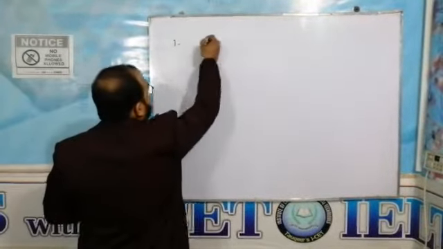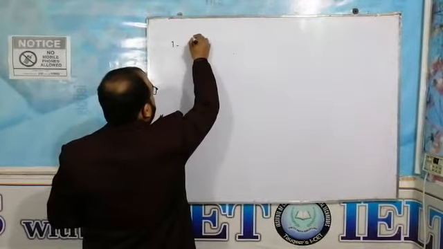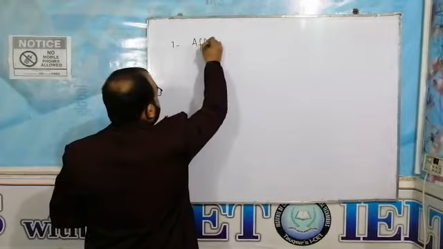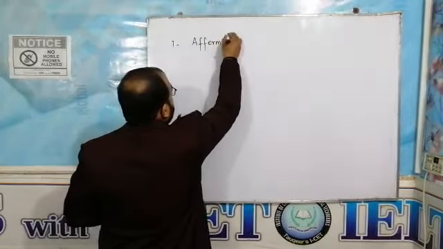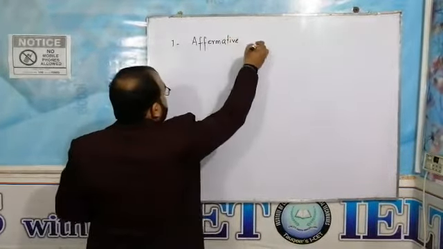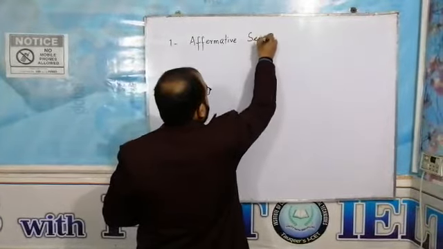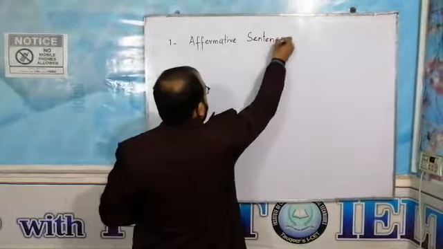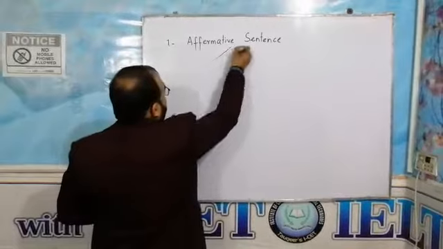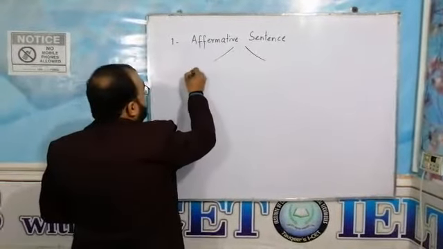the first type of sentence is the affirmative sentence. Basically, this is of two types.